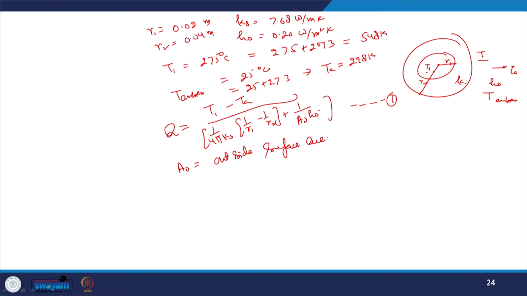the outside surface area of the sphere, which is equal to 4 pi R2 square, which is equal to 4 pi into 0.04 square, and A naught is equal to 0.02011 meter square.